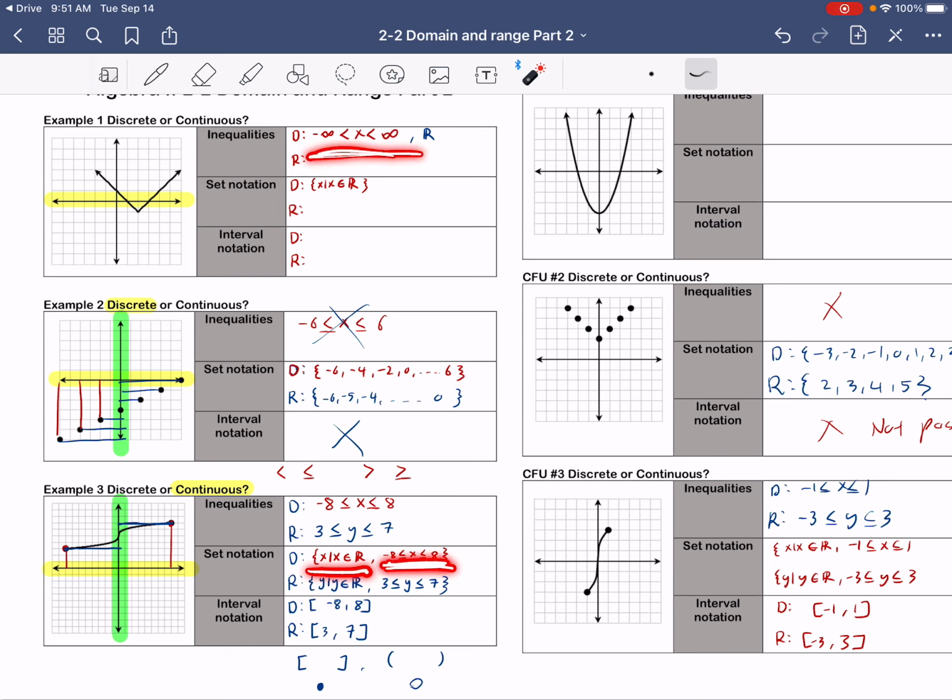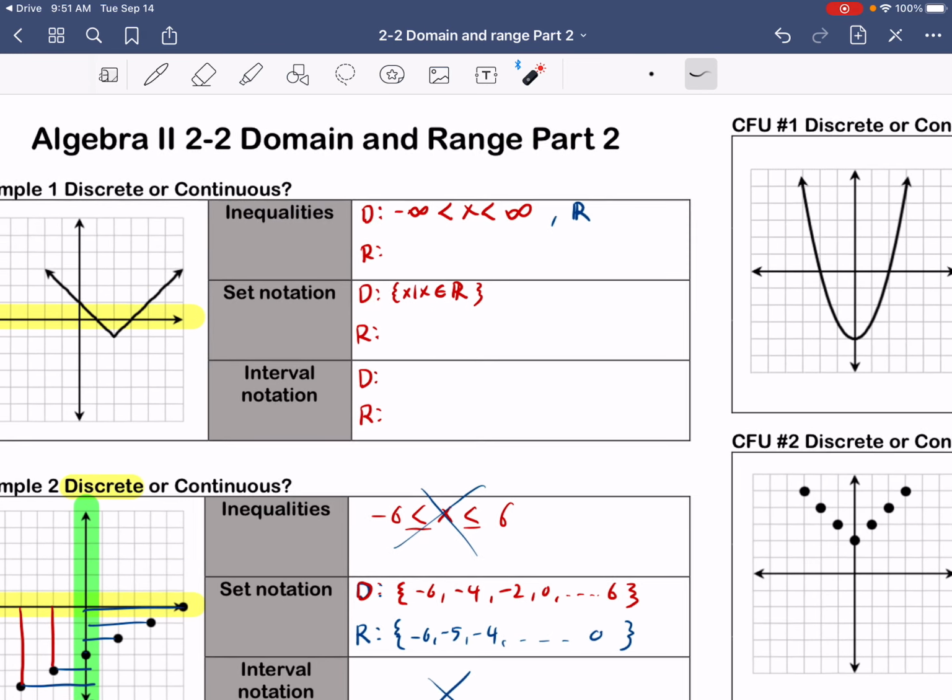But mathematicians don't even bother to copy this one, so they just stop here. That's what it is. All real numbers, okay? For the interval notation, since it is open, you use parentheses, negative infinity to positive infinity. That's it.